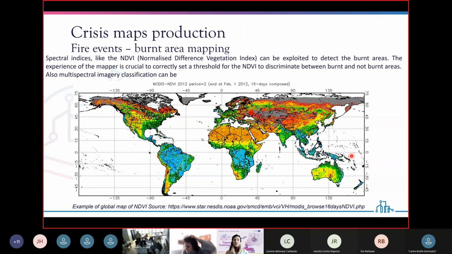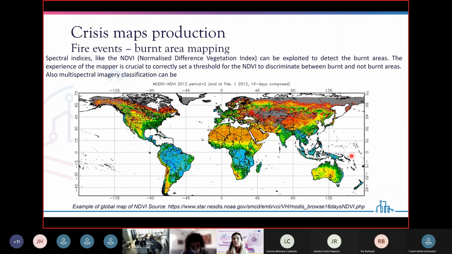You have discussed with Professor Gianinetto the NDVI, the Normalized Difference Vegetation Index, which is given by the difference between the near-infrared and the red band divided by the sum of these two. It's a band ratio which can be easily computed with QGIS or whatever image processing software you're using, and which provides information about how much healthy vegetation we expect in every pixel.